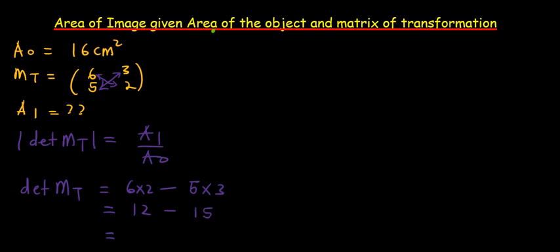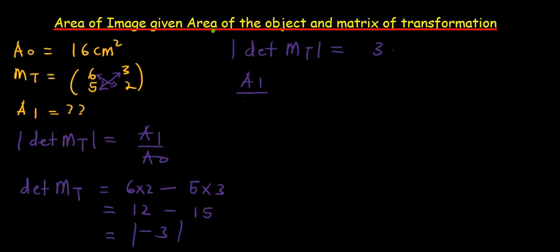So the resultant is negative 3. But don't forget that we need the absolute value of the determinant of the matrix of transformation. Therefore, the absolute value of negative 3 is equal to what? A 3.